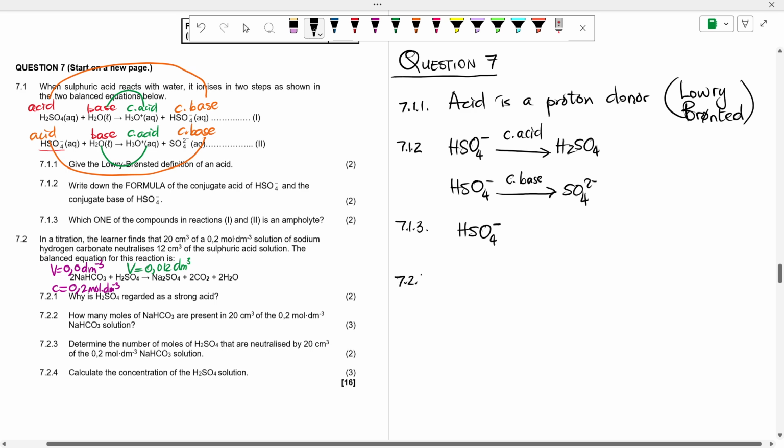7.2.1. Why is H2SO4 regarded as a strong acid? It's a theory question. What would you say? So the evidence in this case is not there.